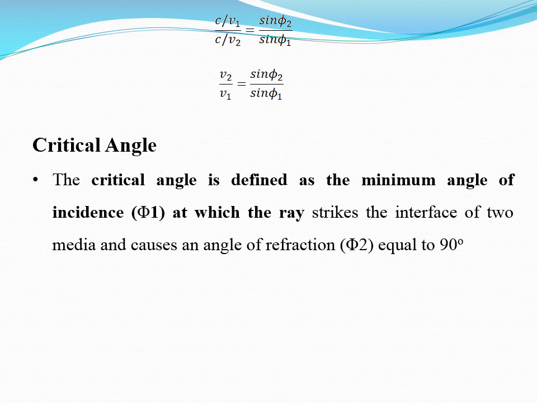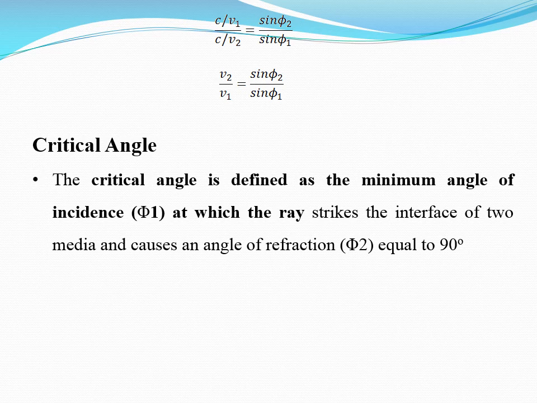Then we have the critical angle. This is a very important definition as far as this unit or module is concerned. Here we can define it as the minimum angle of incidence at which the ray strikes the interface of two media and causes an angle of refraction equal to 90 degrees.